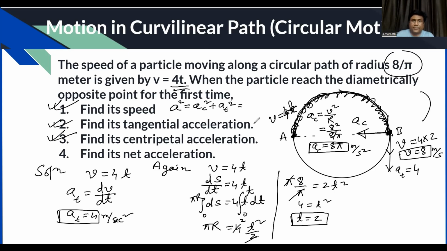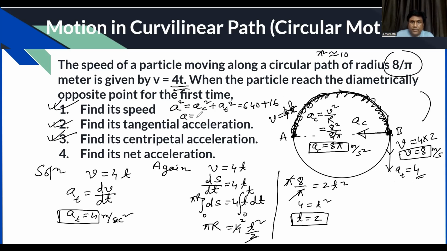Already we discussed. AC is 8 pi square, and remember pi square value is 10 nearly. So 8 square is 64, so it will be 640. Then tangential acceleration is 4, so its square will be 16.